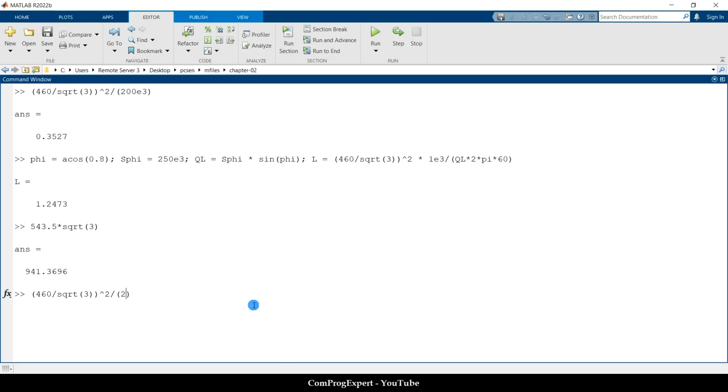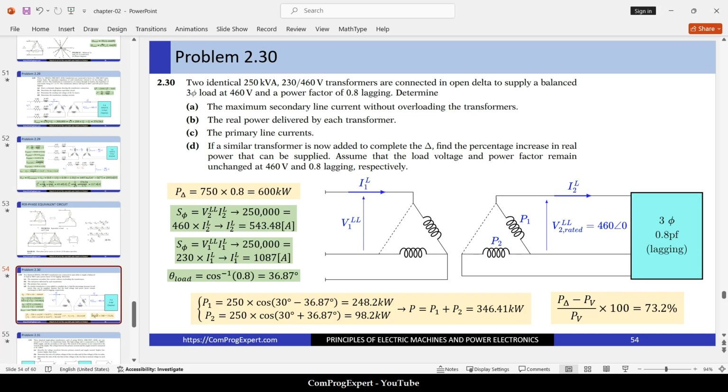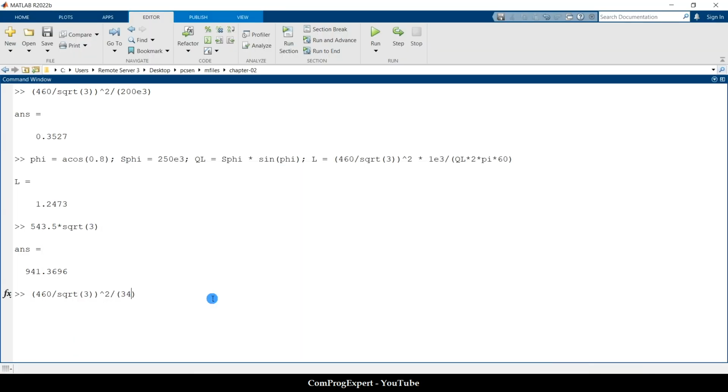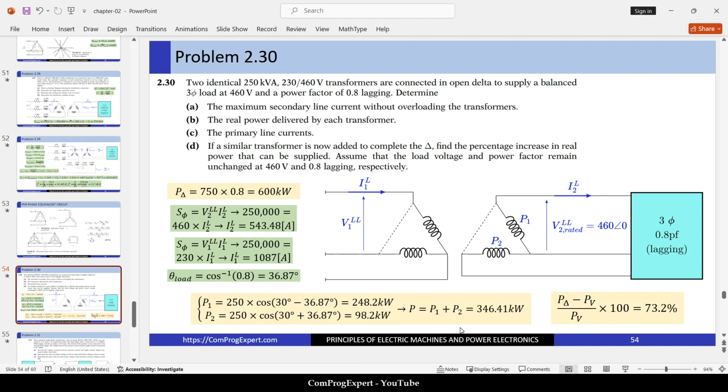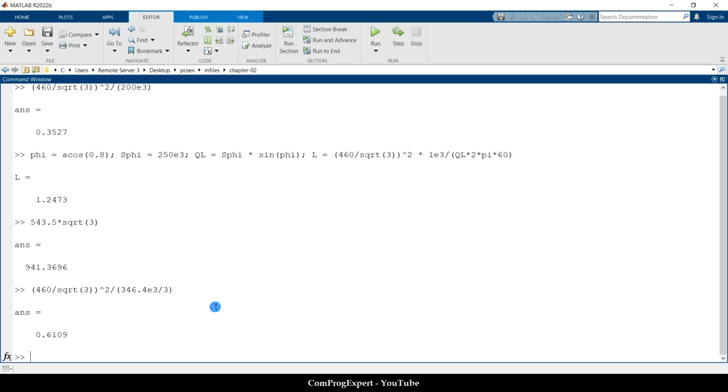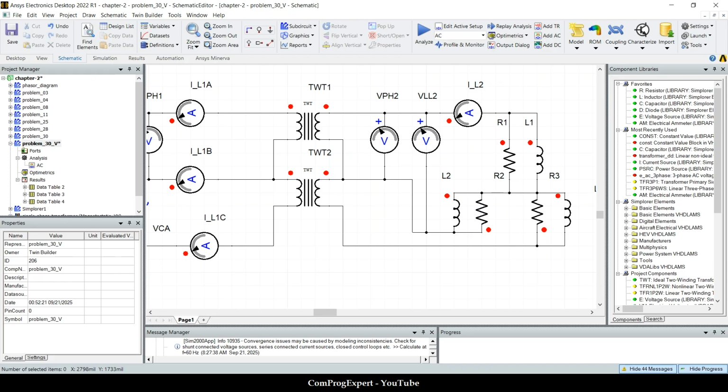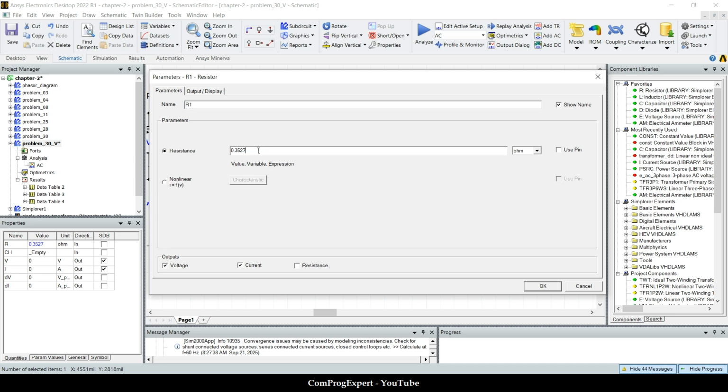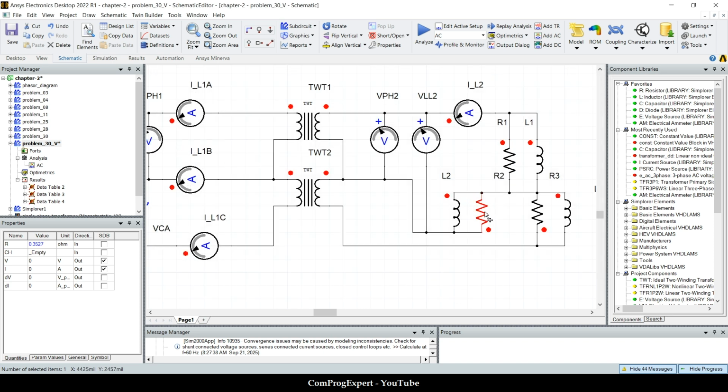Here, this is equal to 346.4 E3 divided by 3, right? This is the full power. We need the value per phase. This is the value of the new resistance to set the current equal to the rated one.